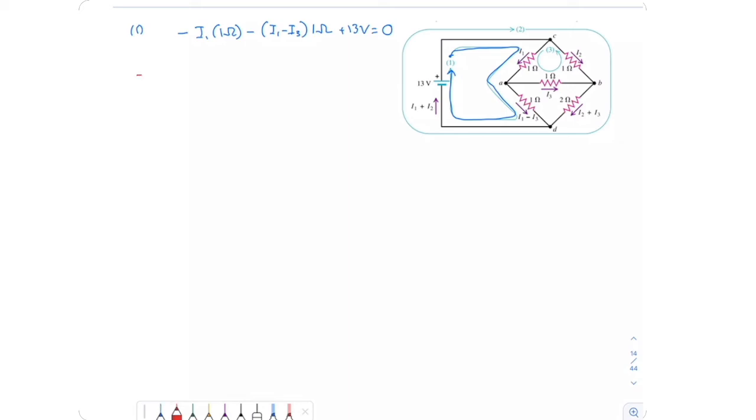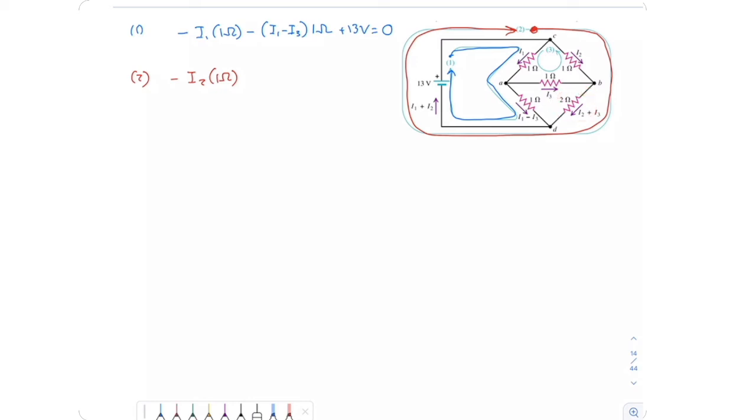Now let's do loop 2. Loop 2 was the outer loop. So let me pick a starting point and identify my loop. From this starting point, the first thing I encounter is current 2. I'm going with the current across a 1 ohm resistor, so that's a voltage drop of IR, where the current is I2 and the resistance is 1 ohm.